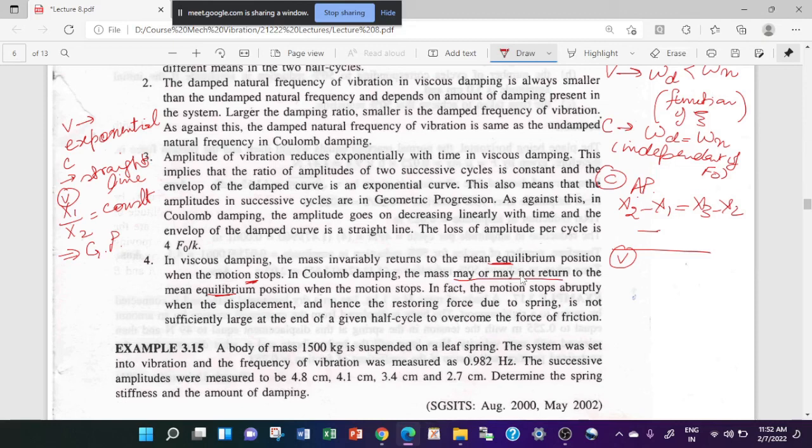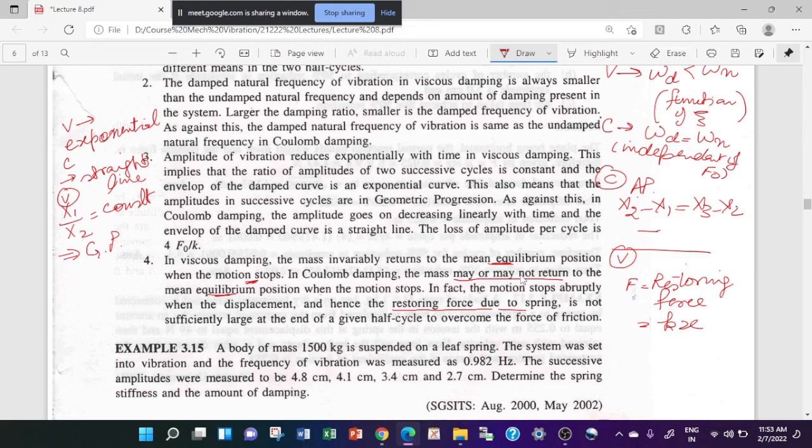So suppose your restoring force is given by K into X, where X is the displacement of the mass at any half cycle.